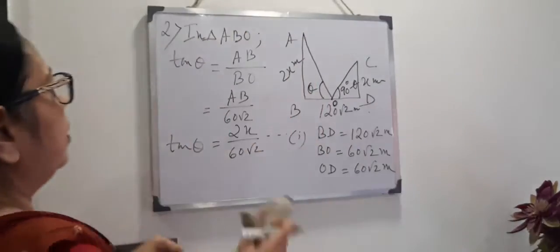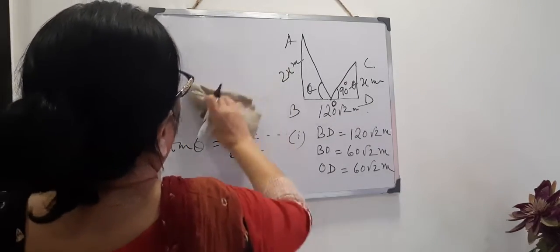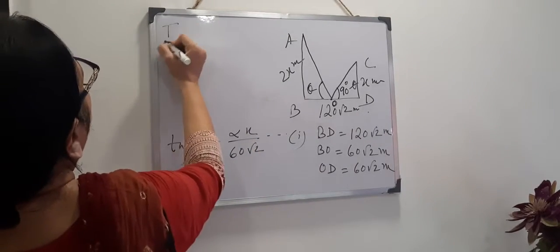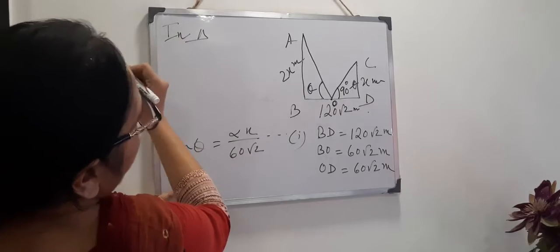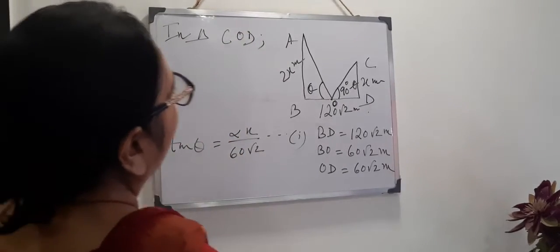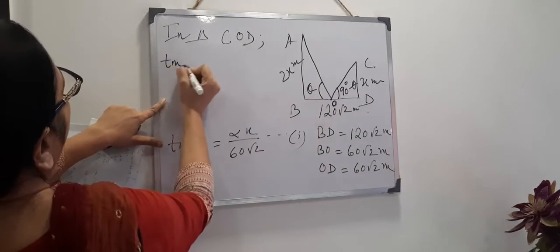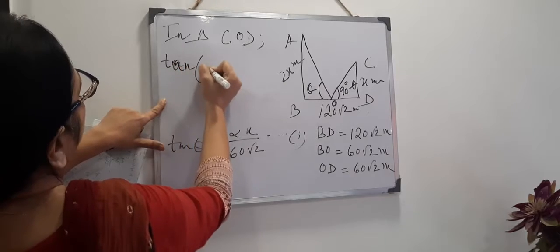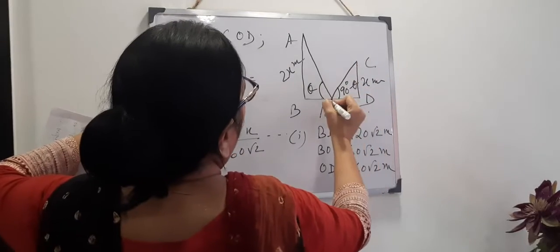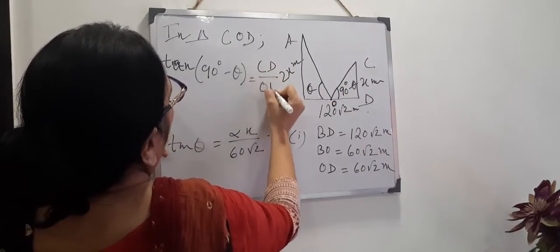Then in another triangle, that is triangle COD, what we can write again? Tan 90 degree minus theta equals to perpendicular by base, that means CD by OD.